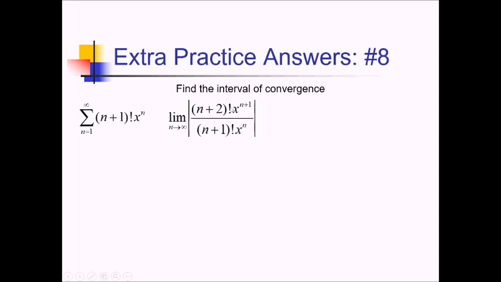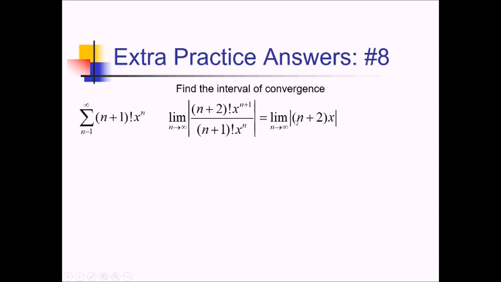Simplifying this a bit, this n plus 2 factorial is essentially n plus 2 times n plus 1 factorial. So if I cancel it with the n plus 1 factorial down here, all that's left is an n plus 2. And with these exponential terms, just subtracting the exponents, we're basically canceling out everything except an x to the first power upstairs. So we end up with n plus 2 and x and nothing else.